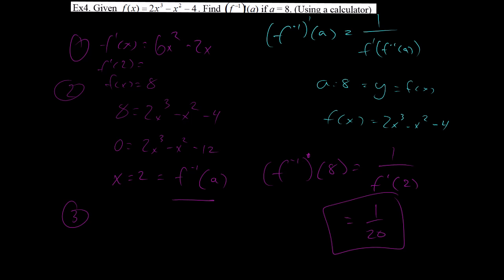But now we just need to talk about derivatives of inverse trig functions. So using all this knowledge of our inverse functions, we're going to talk about derivatives of trig functions. So here we go. We want to find the derivative of tangent inverse of x.